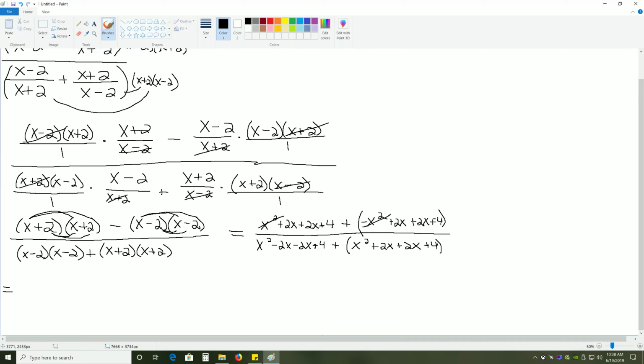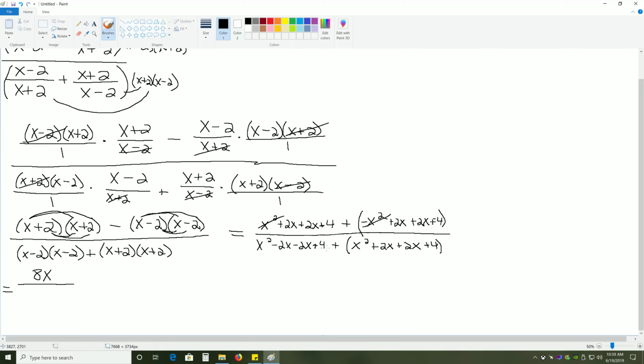X squared minus x squared is 0. We then have 2x plus 2x plus 2x plus 2x is 8x. And then 4 plus negative 4 is 0. So our numerator is just 8x.